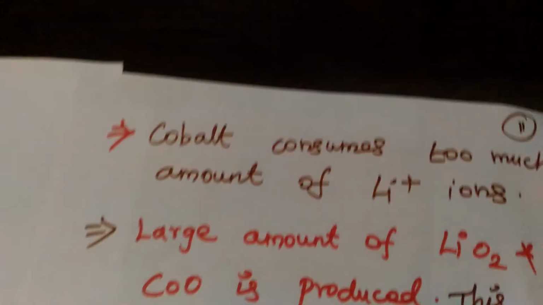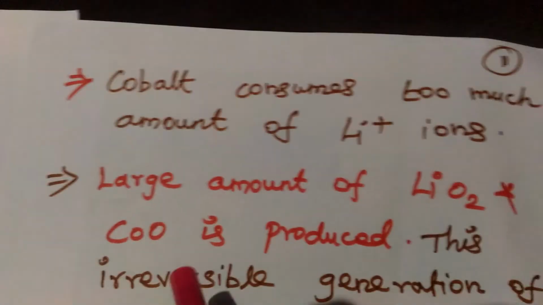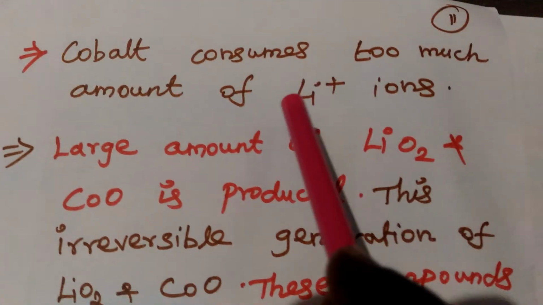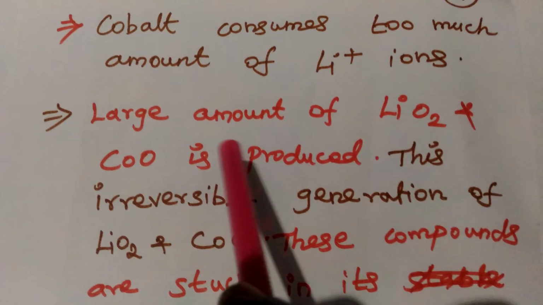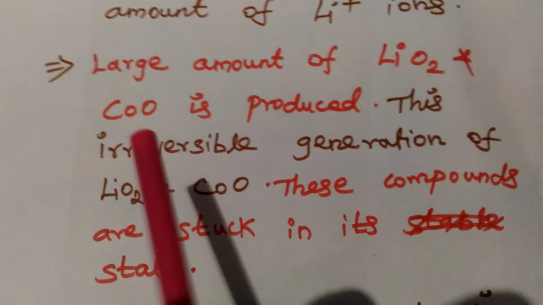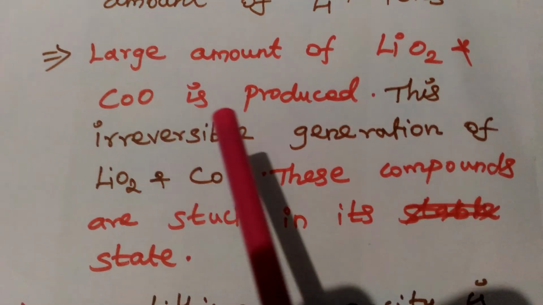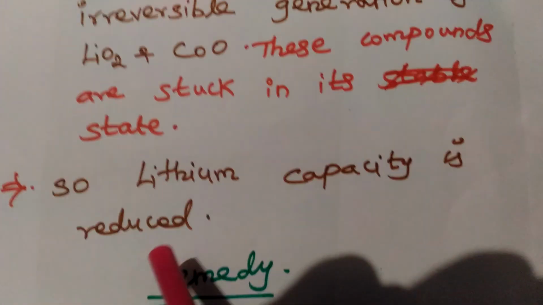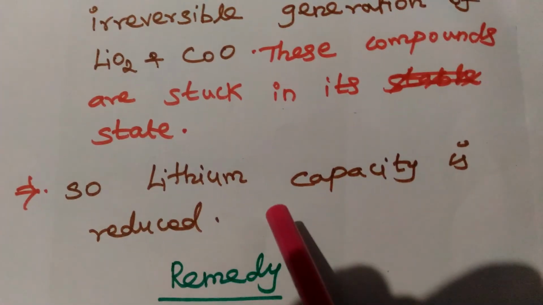So if you use the battery down to 0%, the cobalt consumes too many Li+ ions, so a large amount of Li2O and cobalt(II) oxide will be created, and finally these are all stuck in their state. Due to that, the lithium capacity is reduced.